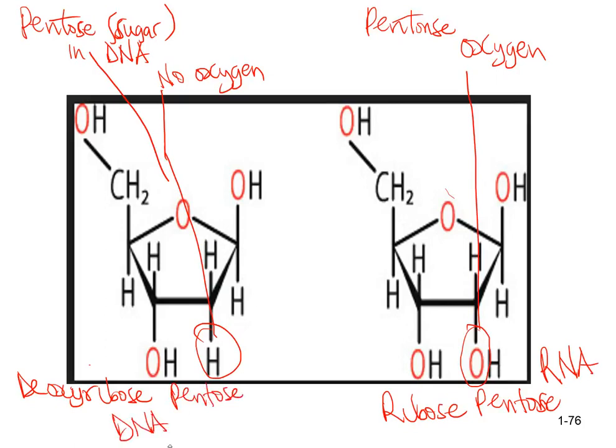Now, when you are given these two structures, look at this position. There is no oxygen here, it is DNA. There is oxygen here, it is RNA. That's how you differentiate the pentoses. Every other thing is the same. The only difference is here. So this is the pentose part of DNA. This is the pentose part of RNA.